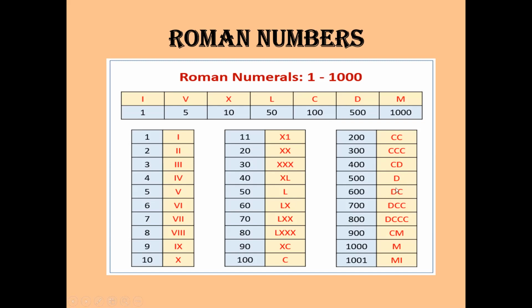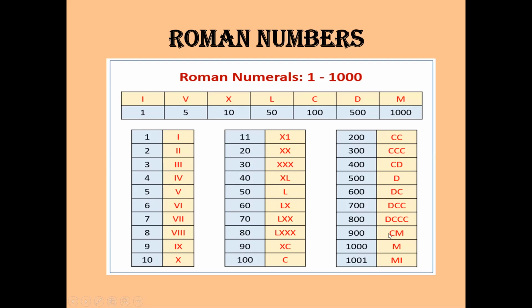If we write DC, here we will add because the letter is on the right side. DC is 600: 500 plus 100. 500 plus 100 plus 100 is 700. 500 plus 100 plus 100 plus 100 is 800.